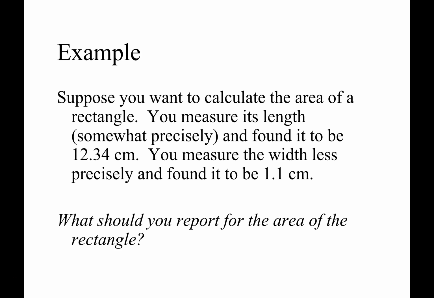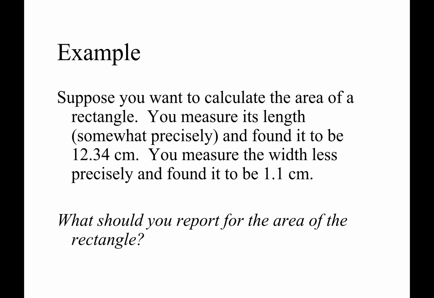So we're going to knock out the area. We don't do much with area in this class. We do more with volume, but in this case, we're just going to knock out the area of a rectangle. And of course, if you have the two unique dimensions, you multiply them by each other to get the area, and that's what we're going to do. So again, we've got two different length measuring devices, 12.34 centimeters and 1.1 centimeters.